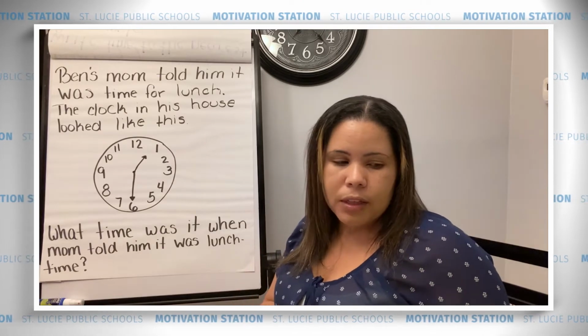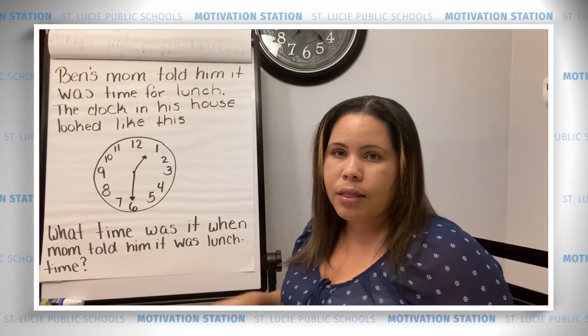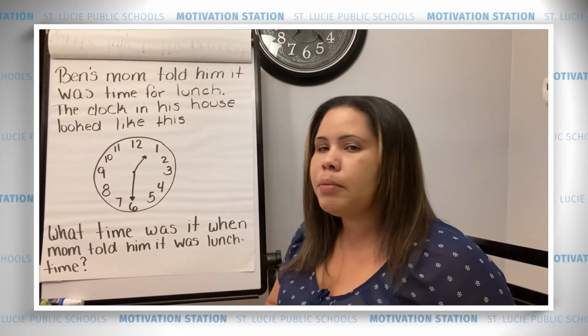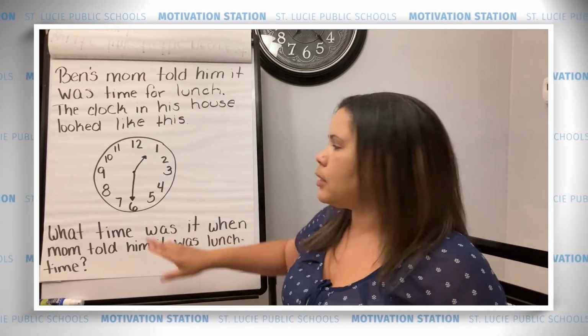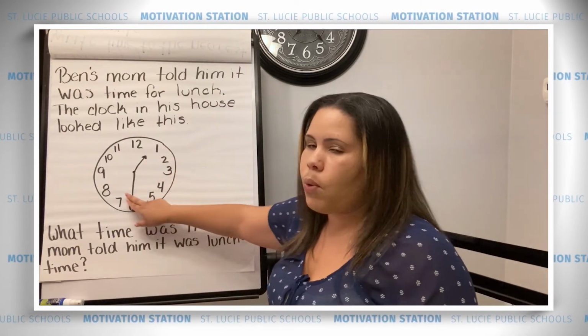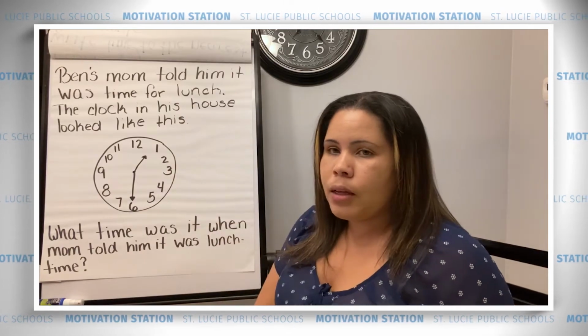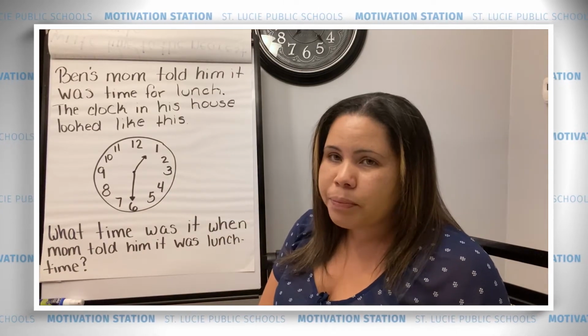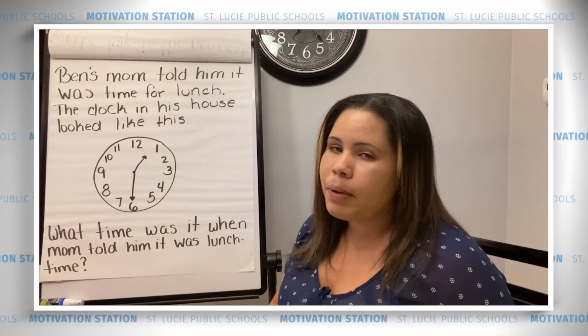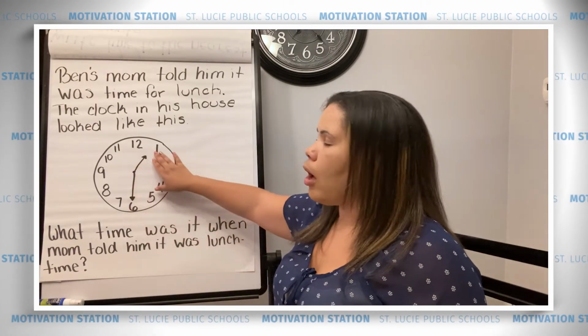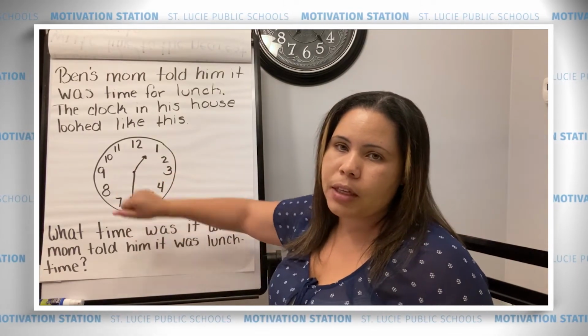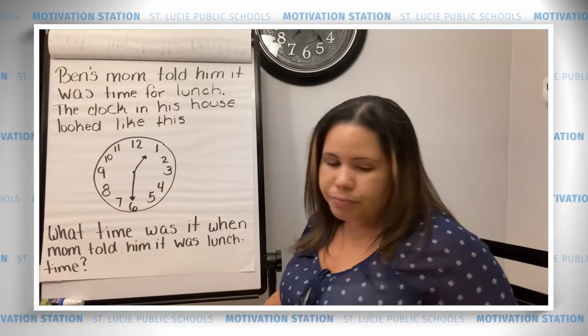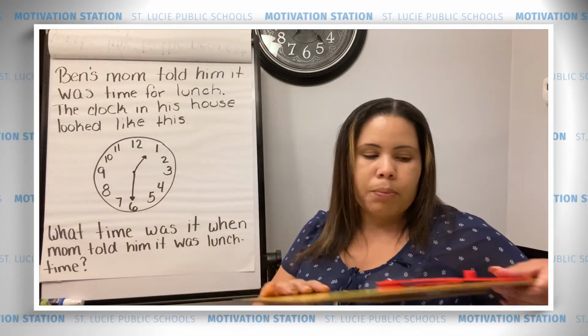Now, we have to think about in that hour, how many minutes are there? How many minutes does it take to get all the way around this circle? Are you thinking we should count? I think so. If we count by 5s, we should be able to tell how many minutes will help us get around this whole circle. Let's use our clock here to help us.